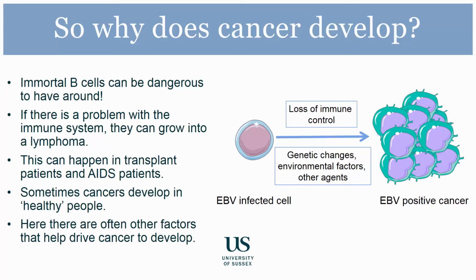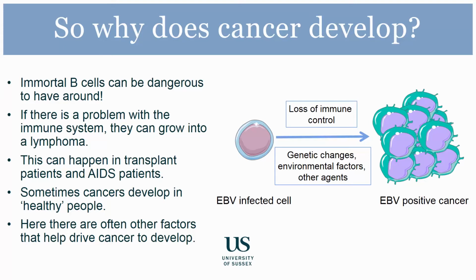This is when your immune system is suppressed. For example, if you've had a bone marrow or a solid organ transplant and you've been given drugs that stop your immune system from working because you don't want the transplant to be rejected, or if you're infected with HIV and you're suffering from acquired immune deficiency syndrome, so your immune system is very incapacitated.